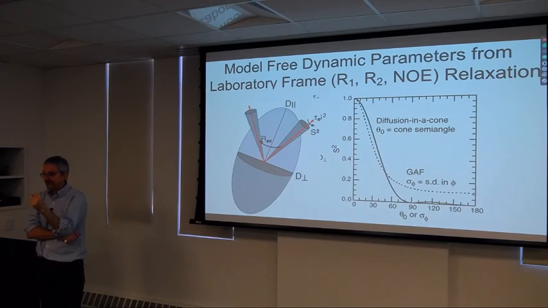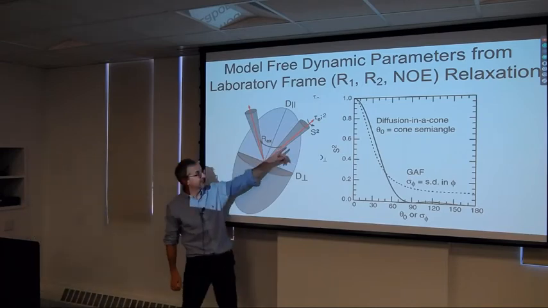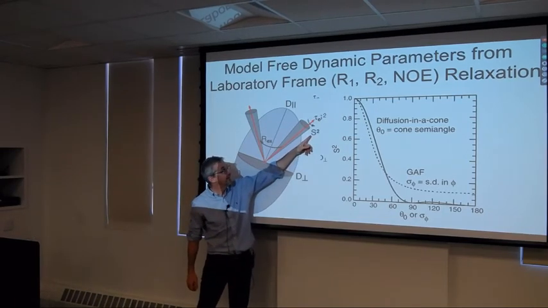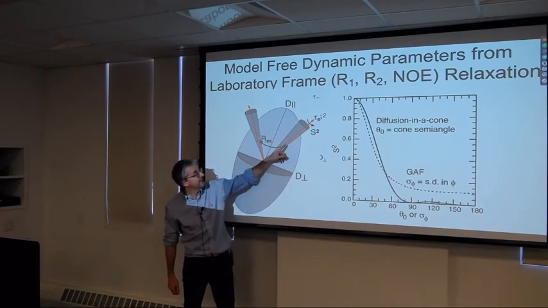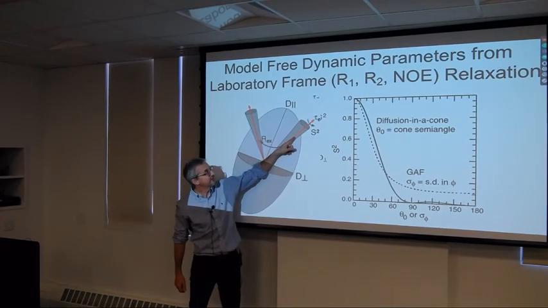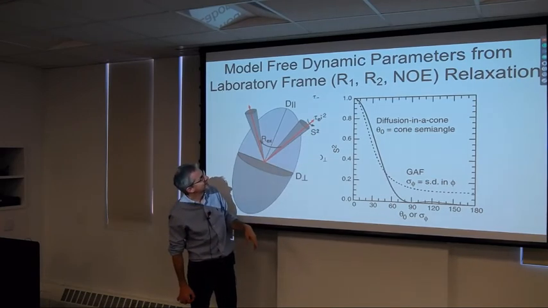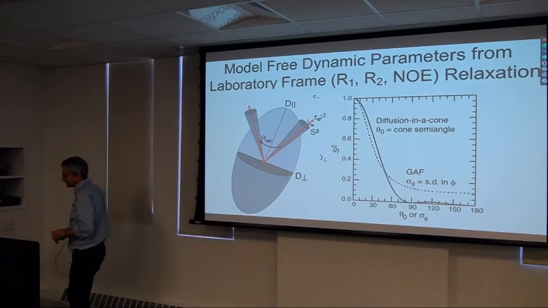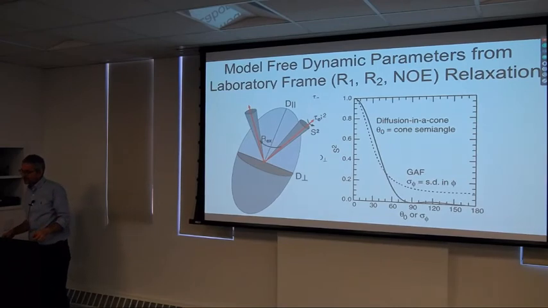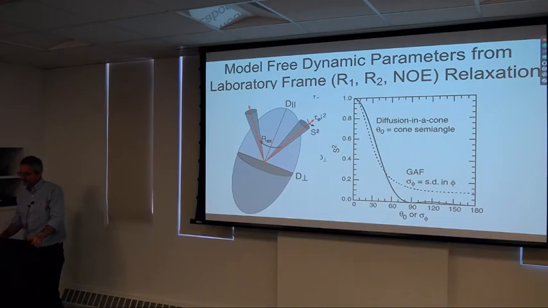So in this model, the amplitude of motion is captured by a generalized order parameter, S, although the experiments give S squared. And then the time scale is given by an effective correlation time. Something's wrong with this picture. It should just say tau sub b. I don't know what these other things are doing there.